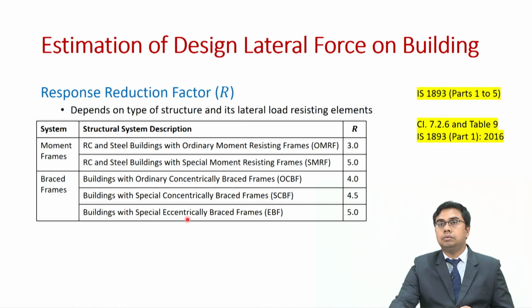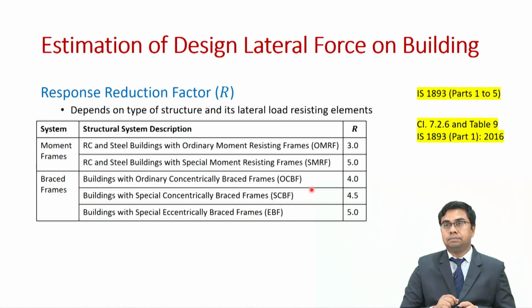Then you have buildings with special eccentrically braced frames, commonly called EBF. The response reduction factor shall be equal to 5. Now, these CBF and EBF are lateral load resisting systems typically found in steel buildings. For eccentrically braced frames, you will come to know that these EBFs have shear links in them, which act as a structural fuse even before the braces get damaged.